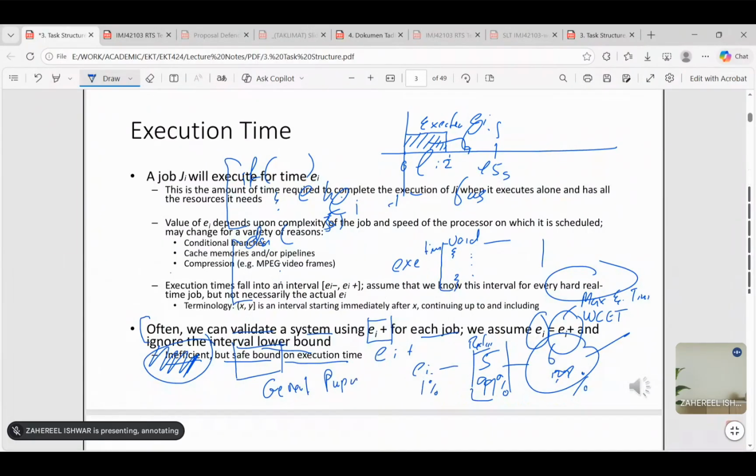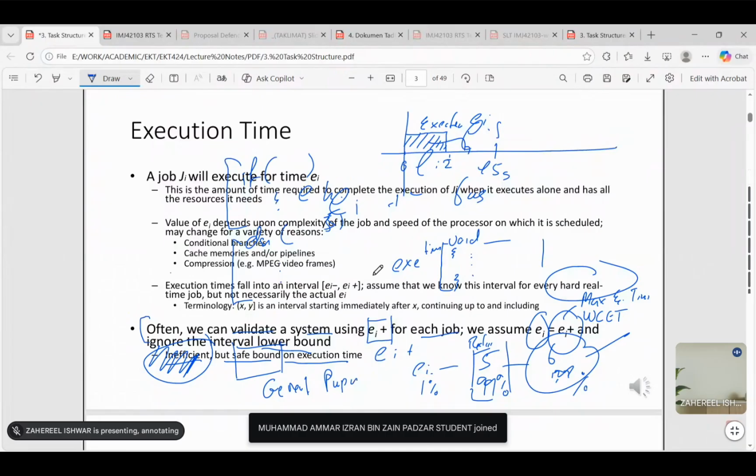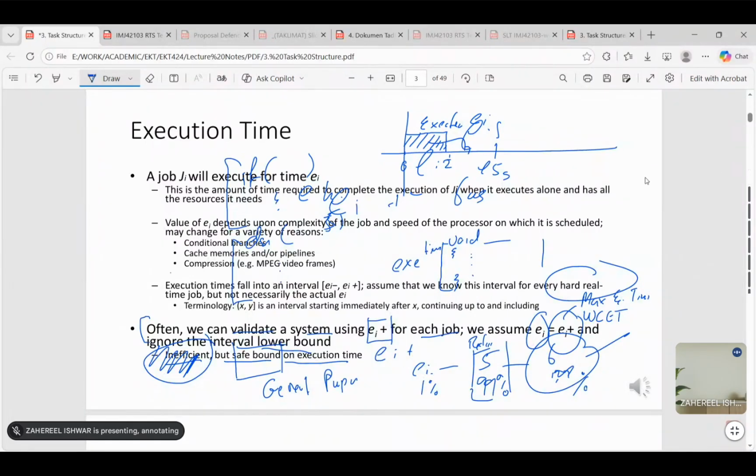I can always repress the start button without any harm happening to me or to the laptop. So those are considered as general purpose. So our main concern is efficiency. But for real-time system, because the failure will be very catastrophic, very severe on human, on money or things that we care about, then we define those as real-time system. And we need to design for worst case scenario. Okay, so remember that we're using E sub I plus.